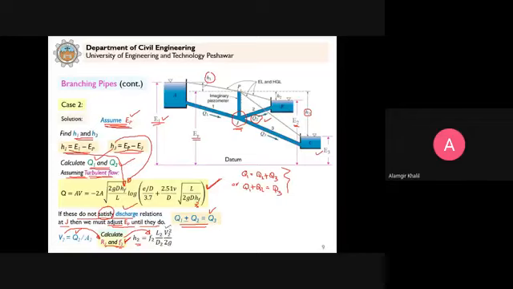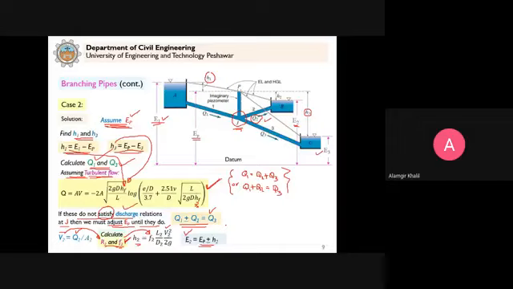V2 is already calculated from Q2. And then E2 will be equal to EP plus or minus H2. Plus or minus because we have two cases, case A and case B. So accordingly, E2 will be equal to EP plus or minus H2.